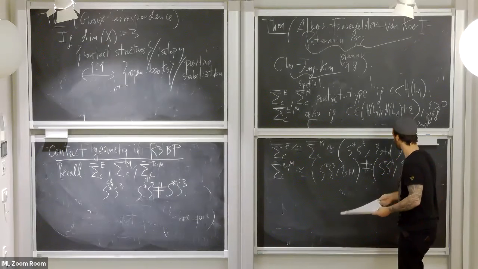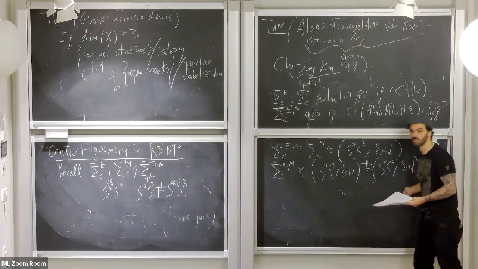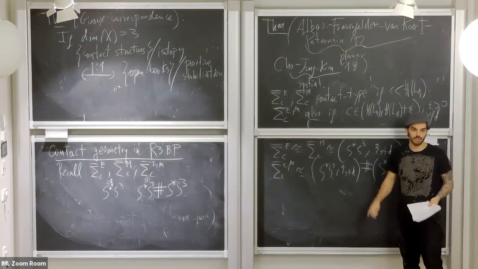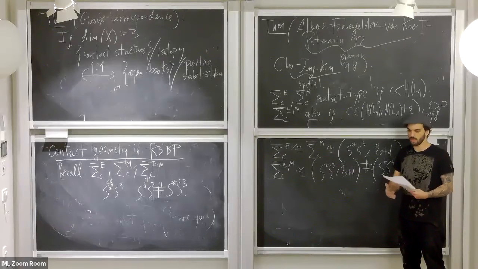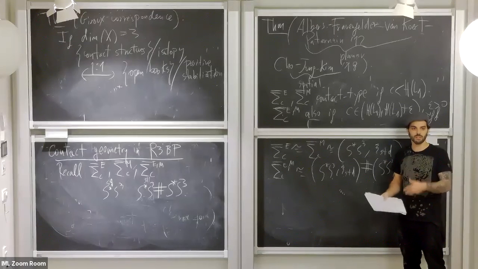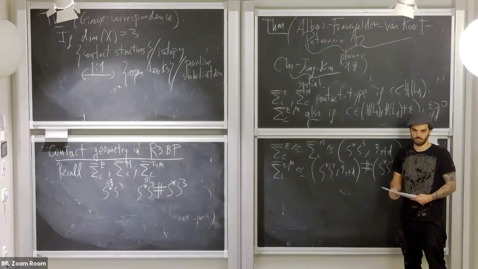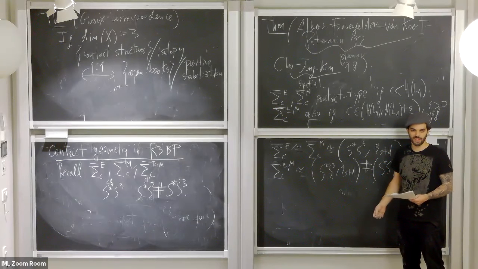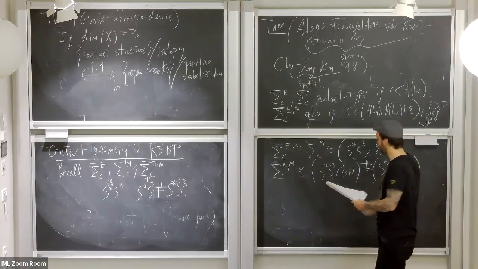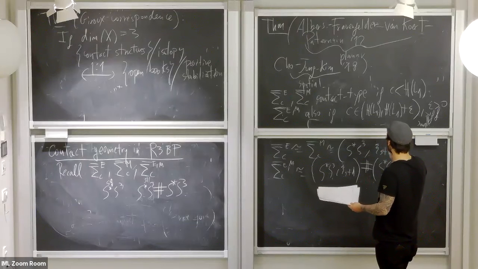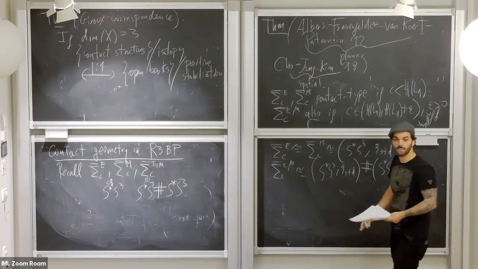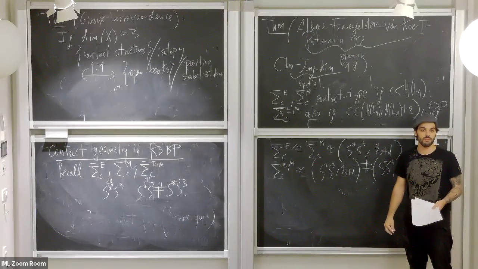So there's a notion of taking the connected sum of two contact manifolds, and I still get a contact manifold, and this is what I'm using here. Formally, you need to think, well, there's some Weinstein one-handle attachment. You know what that is, and if not, just believe me. Okay, so in other words, for low energies, we can do contact geometry in the restricted three-body problem.